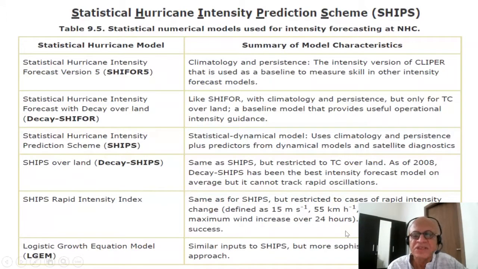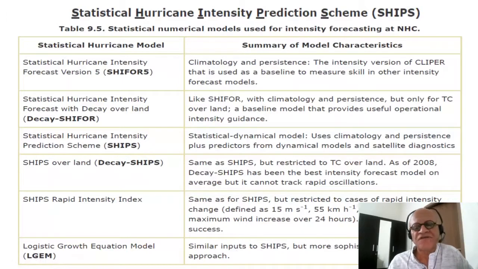There have been attempts to use statistical relations to try to predict rapid intensifications with this statistical model, SHIPS, but so far the success is not consistent. Logistic growth equation model, LGEM, has similar inputs to SHIPS but a more sophisticated statistical approach.